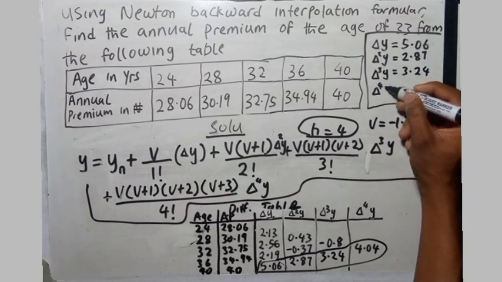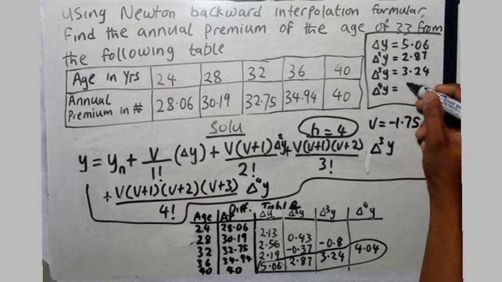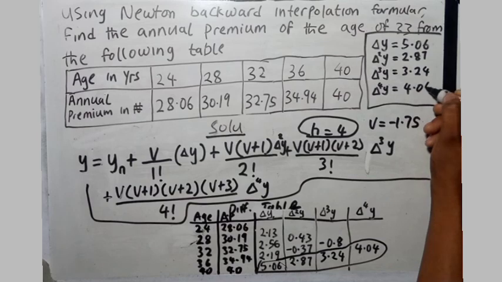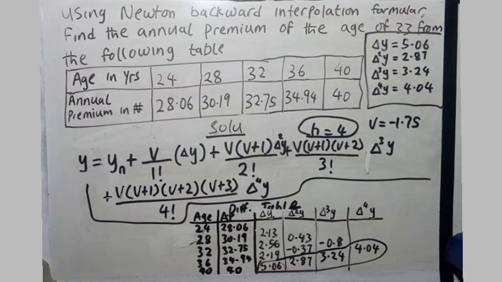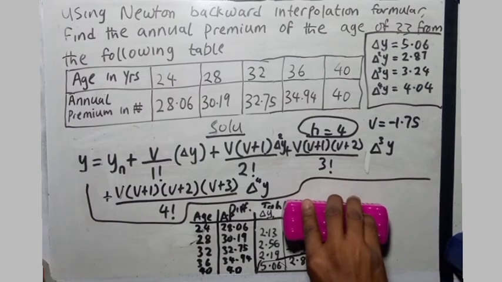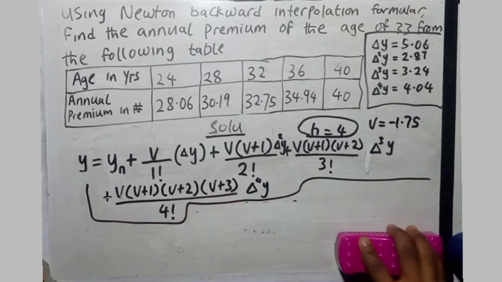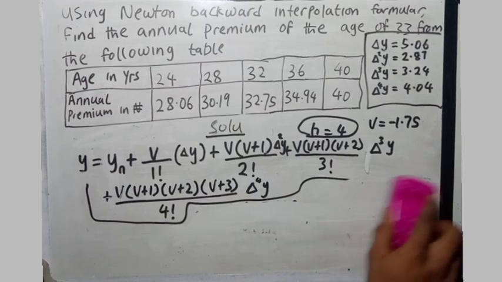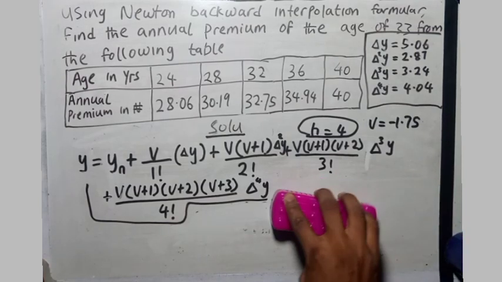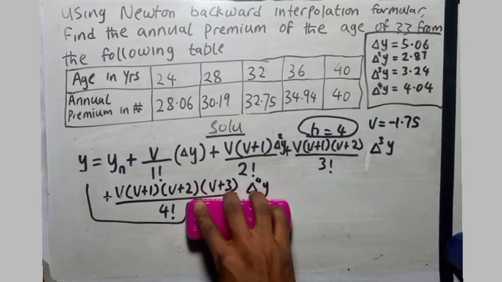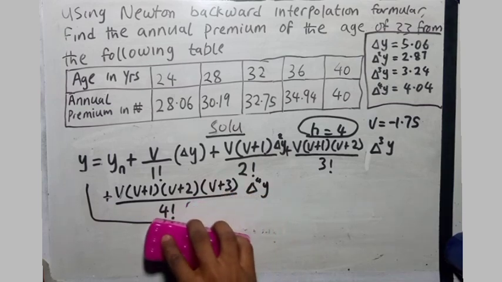And the fourth change and the last one, we are having 4.04. So we have gotten the values that we need from our difference table. Now is for us to input these values into our formula and get our answer.